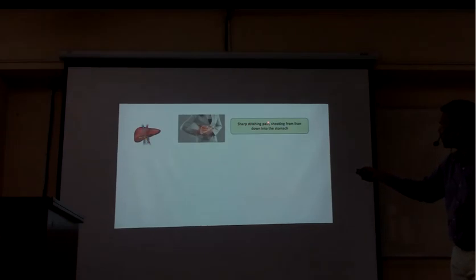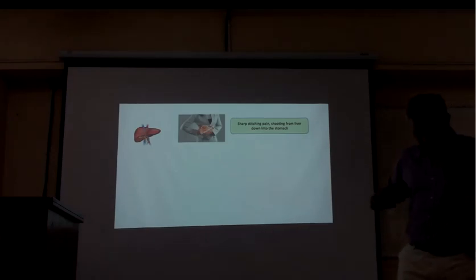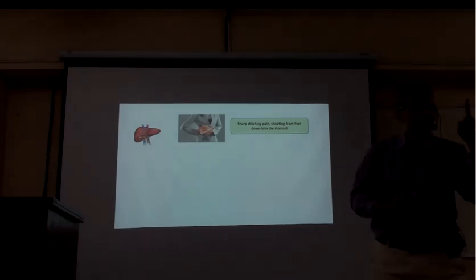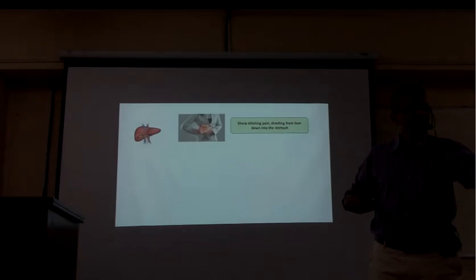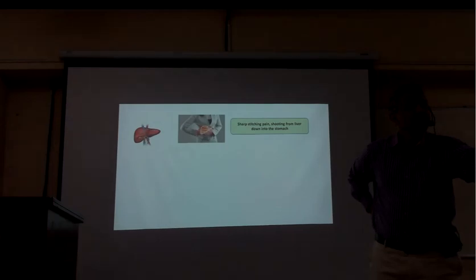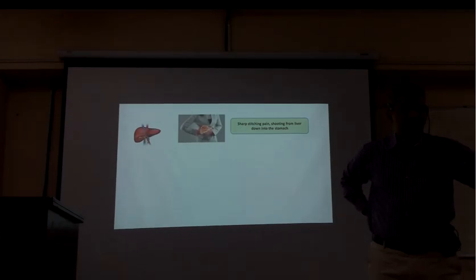So Chelidonium, to begin with: sharp stitching pain shooting from liver down into the stomach. From liver it is going into the stomach. One. The second area you can note: from liver, where is it going? It is going into the inferior angle of the right scapula.